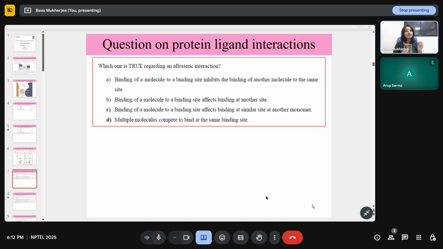C, the binding of a molecule to a binding site affects binding at a similar site at another monomer. D, multiple molecules compete to bind at the same binding site. So which of these are true for an allosteric interaction?